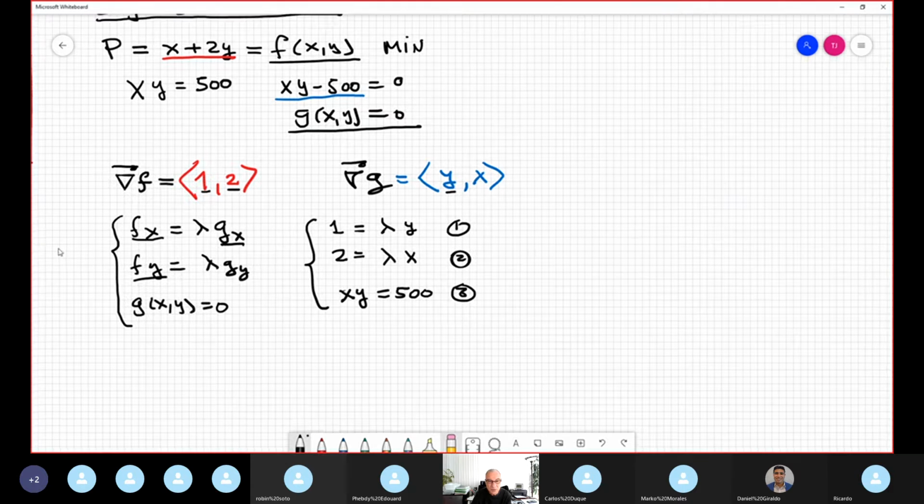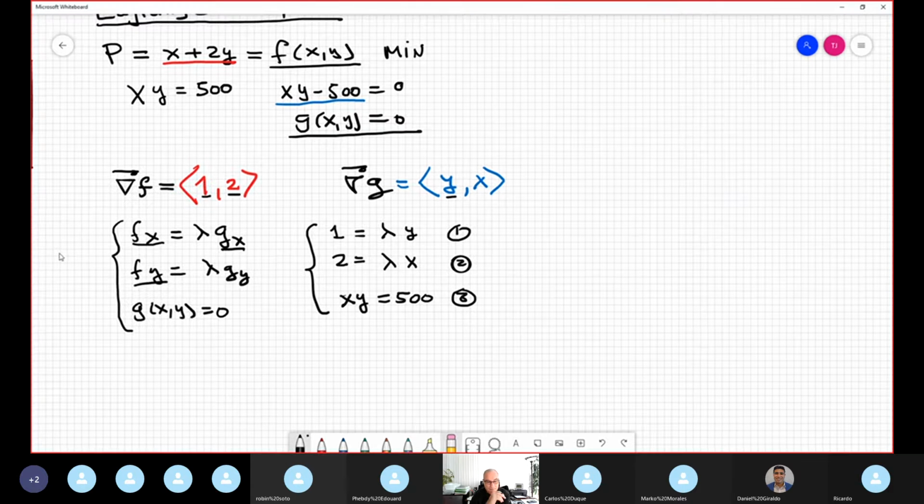Again, we need to solve the problem. Well, I suppose in this case it's easy by hand. Remember, one excellent strategy for solving this is to eliminate lambda, because I don't care about lambda. My goal is x and y.